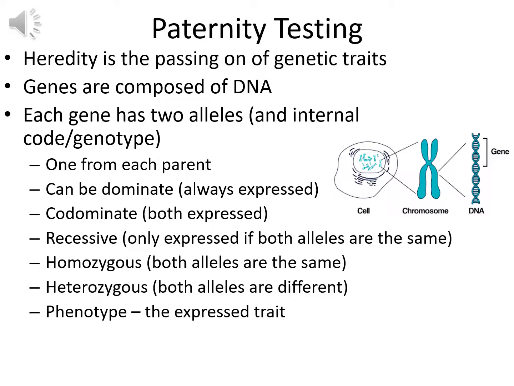So the phenotype in either of those cases, where you have type AO or type AA, or in the type B example, type BO or type BB, the phenotype's the same, your type A or type B blood, but the genotype could be different depending on if you're homozygous, both type A or type B alleles, or heterozygous, a type A allele and a type O allele, or a type B allele and a type O allele.